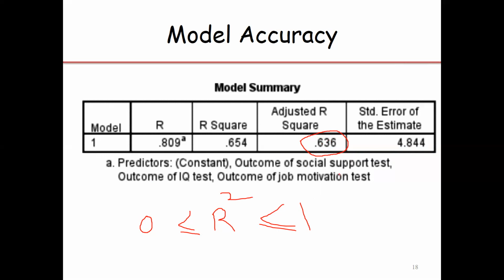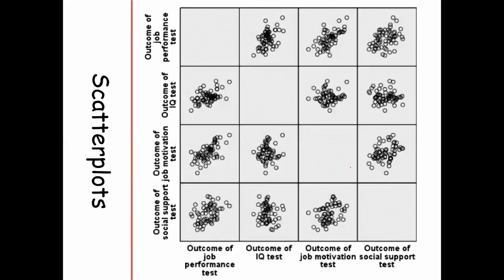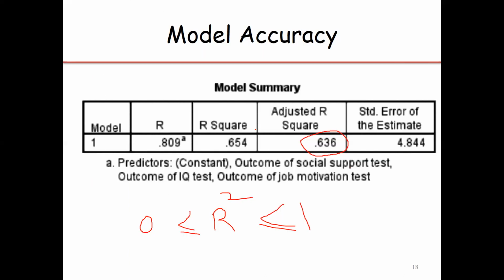It means the prediction of job performance is 63.6% dependent on the three predictors: social support, IQ level, and motivation.